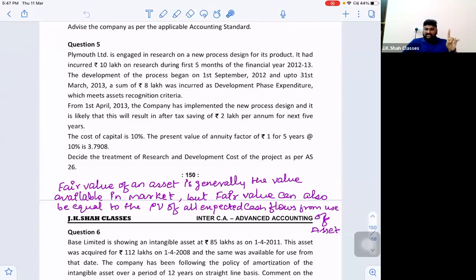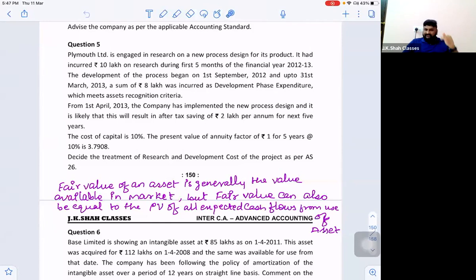So if an intangible asset can generate 2 lakh rupees savings to the company, technically that is the cash flow of the asset for a period of 5 years. So you have to take the present value of the 2 lakh for 5 years. And that present value will be considered as the fair value of the asset, which you will compare with 8 lakh rupees.